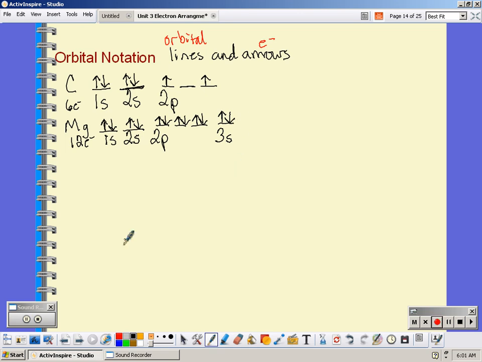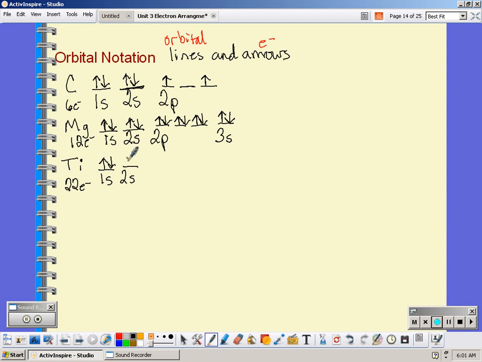Alright, if we look at titanium, titanium has 22 protons, so it has 22 electrons. The lowest energy level is 1s. Each s sublevel has 1 orbital and can hold 2 electrons. After we fill the 1s, we would go to 2s. Each s sublevel has 1 orbital and can hold 2 electrons.